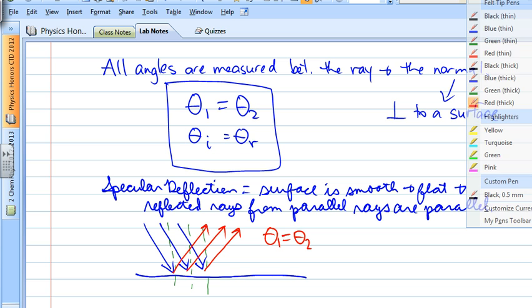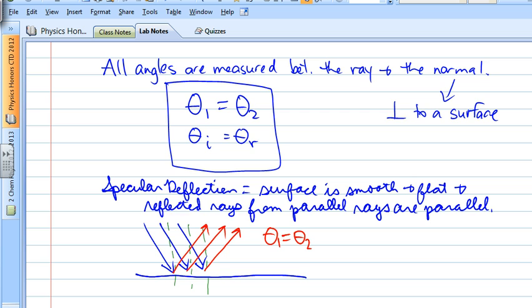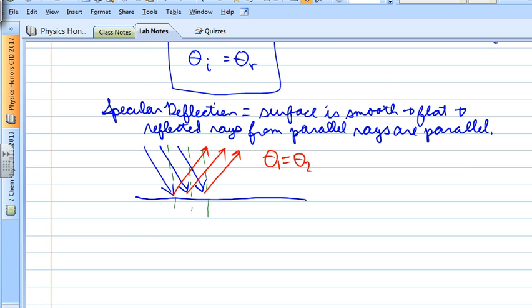We can contrast this with another type of reflection, and we call that diffuse or irregular reflection. And in this, basically what happens is that the surface is rough.